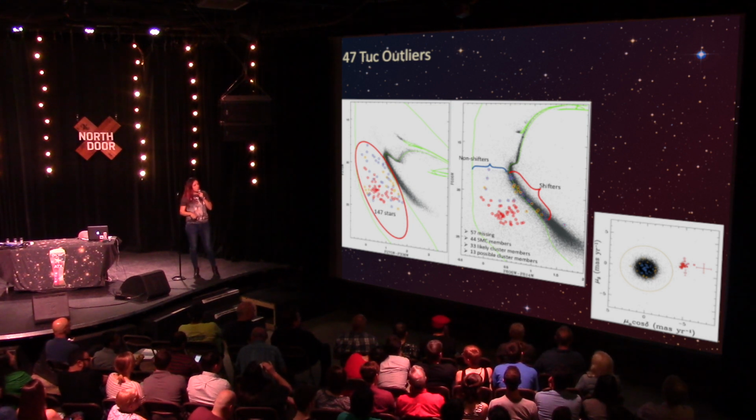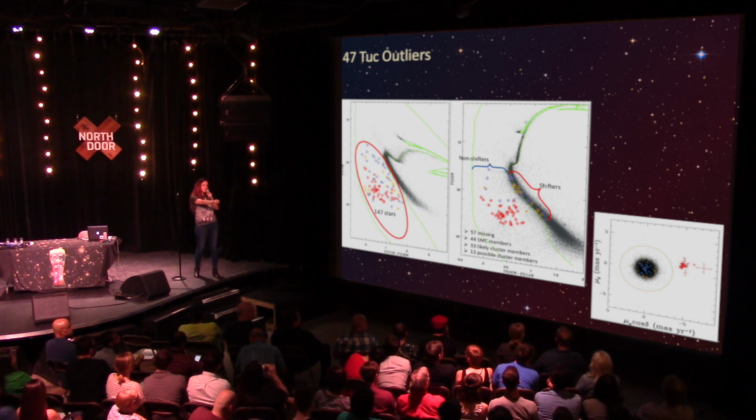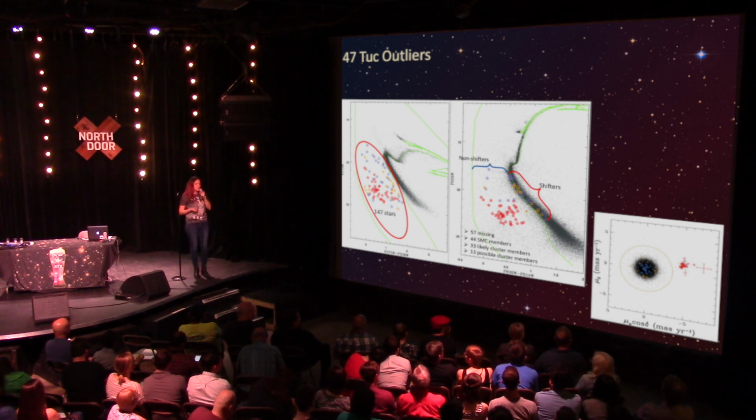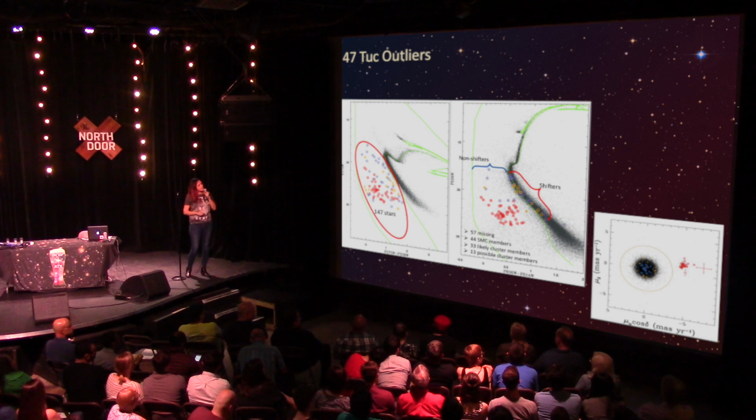For example, right behind 47 Tuc, we have the Small Magellanic Cloud, and all those dots circled in red here actually belong to the bulk of the Small Magellanic Cloud. So we had to filter that off.